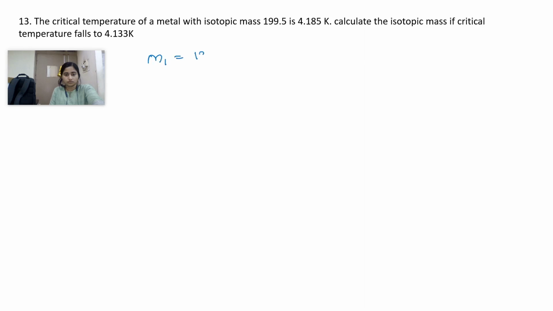M1 is given, that is 199.5, and its corresponding Tc1 is 4.185 Kelvin. Now we have to calculate M2, and Tc2 is given as 4.133 Kelvin.